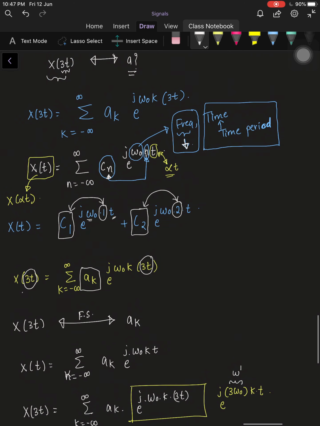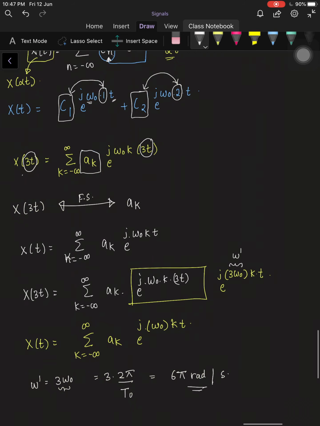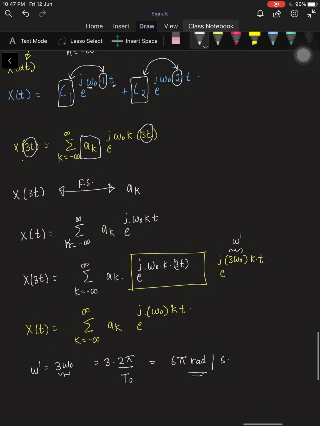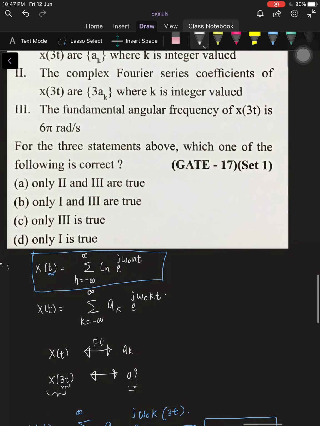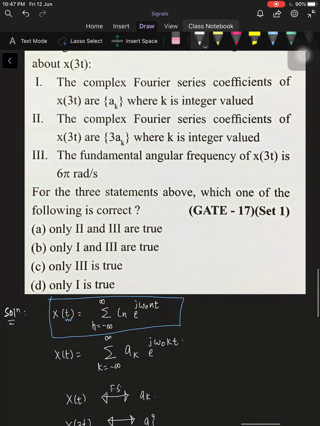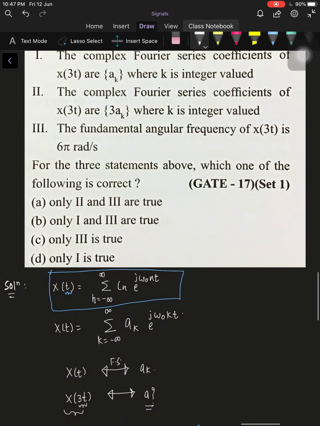We also came to know that omega naught affects both the frequency and the time domain behavior. So the final answer for this question is that statement 1 should be correct and statement 3 should be correct. So the correct option for this question is B.